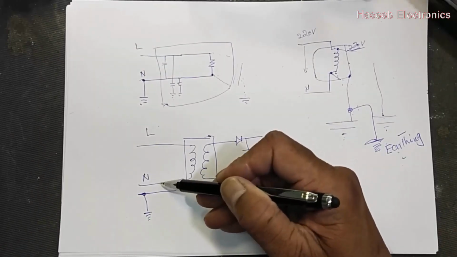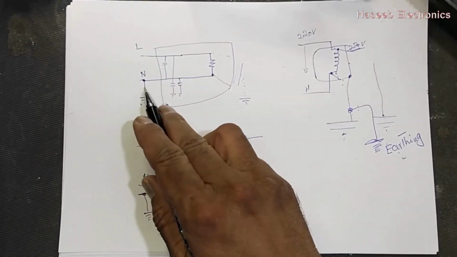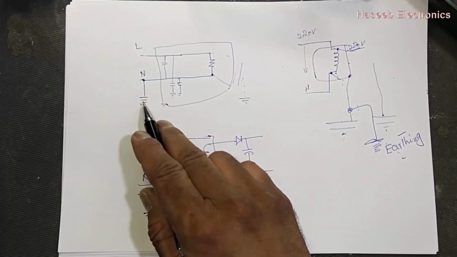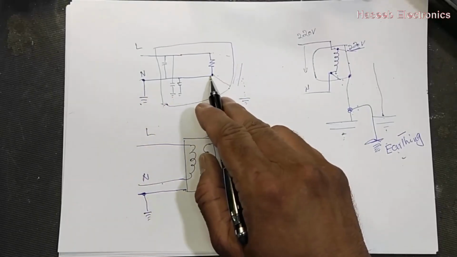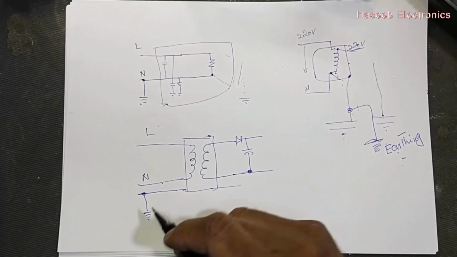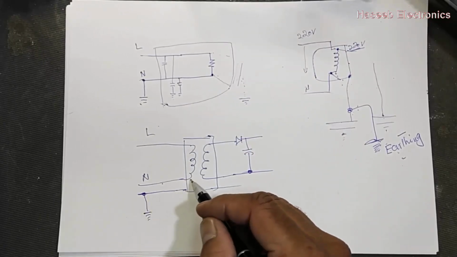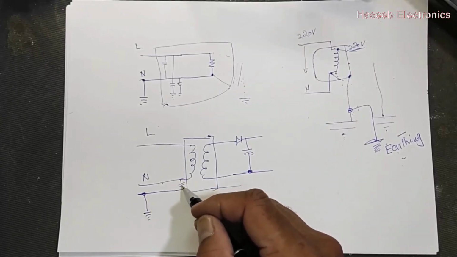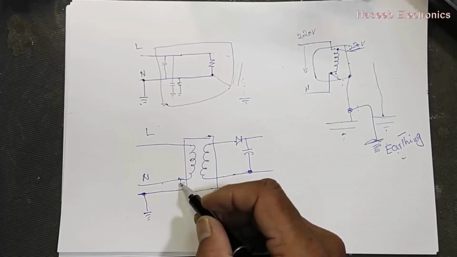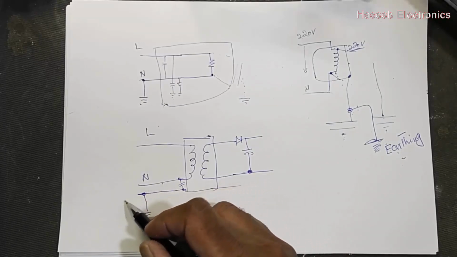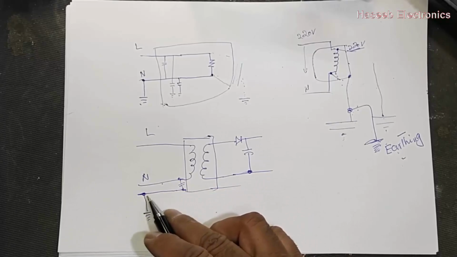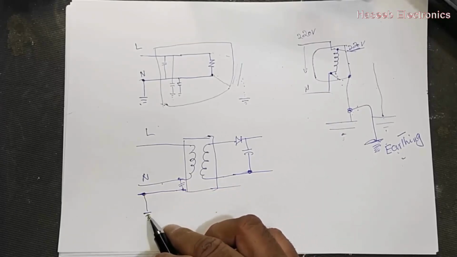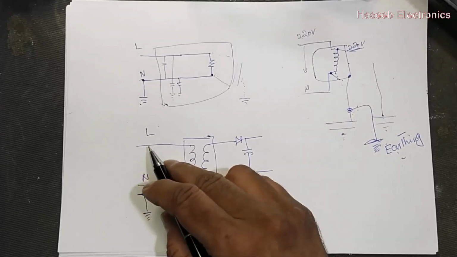This neutral line, either it is connected from here to the earth point, or it is connected here to the earth point, that will be the same. So this line is to eliminate the noises. When the noises are removed, we have a reference point between earth and neutral, earth and line.